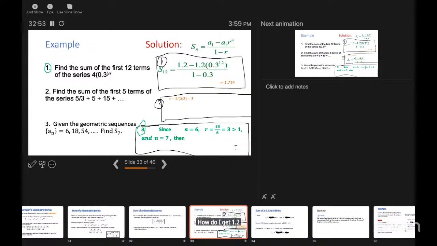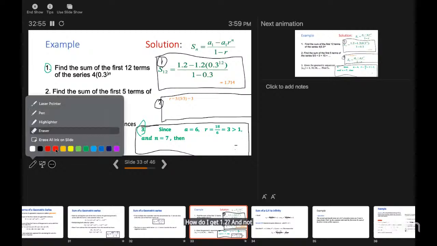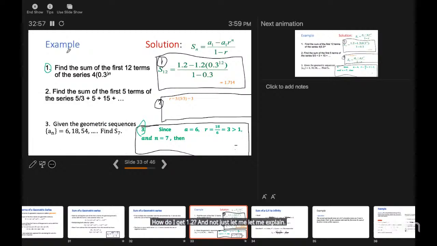Yes, now just let me explain. Tn is what is given. Tn is 4 times 0.3 raised to power n. That is Tn. So what is your A?